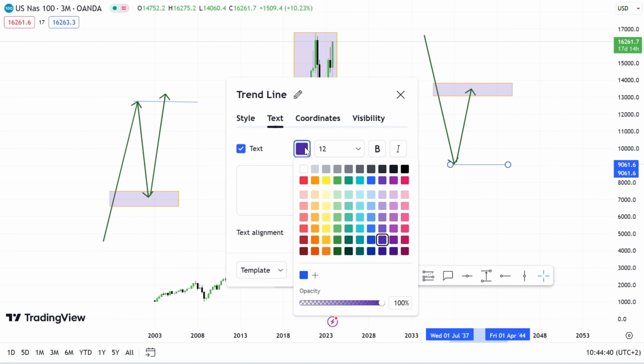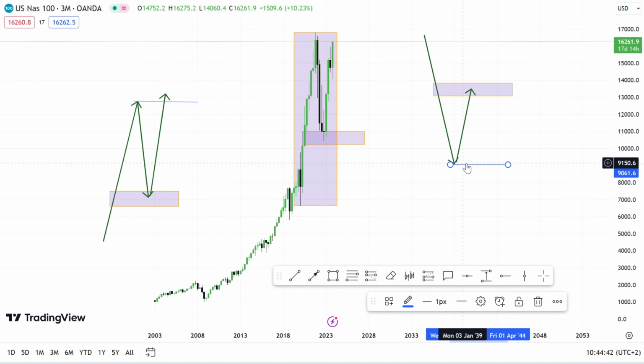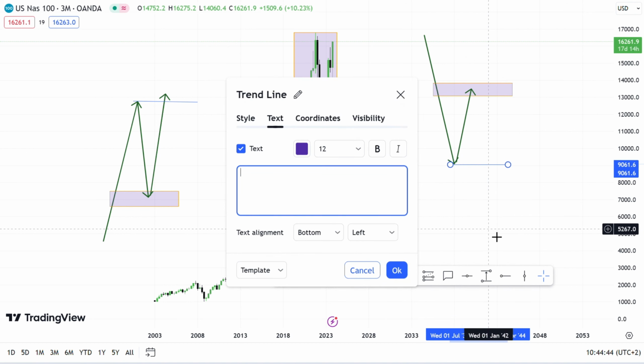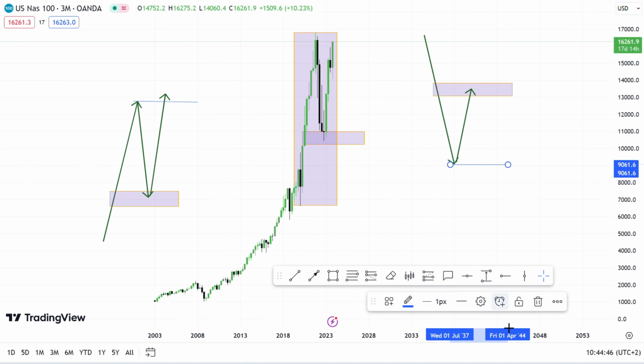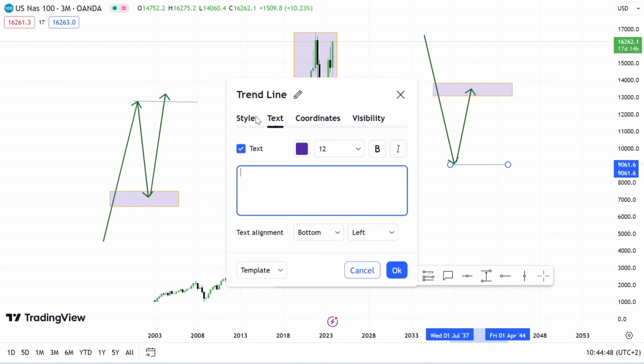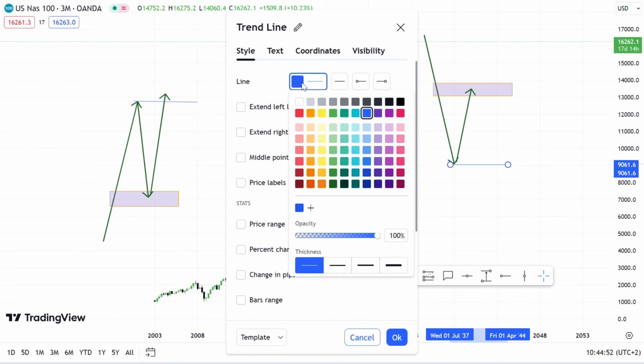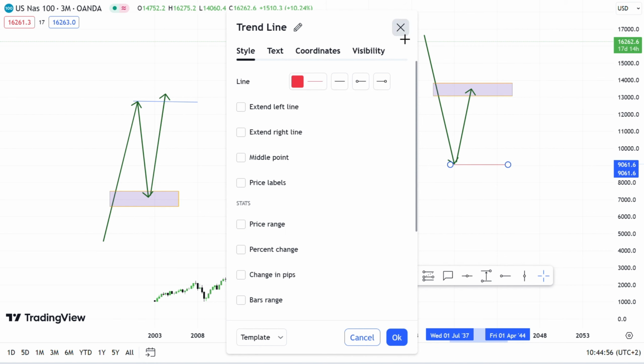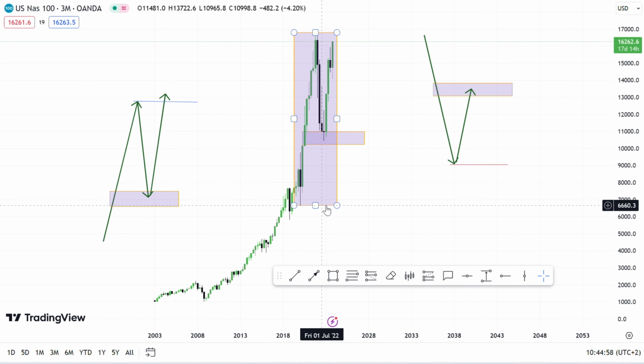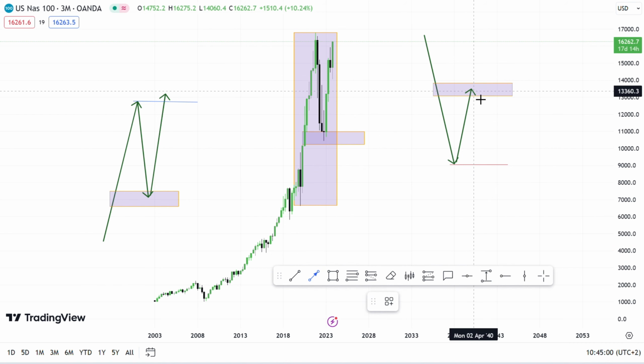I don't want to put any text to that. Let's mark it with red. Style. Oh my gosh. Red. Thank you. After coming back there, you break the low and take out liquidity.